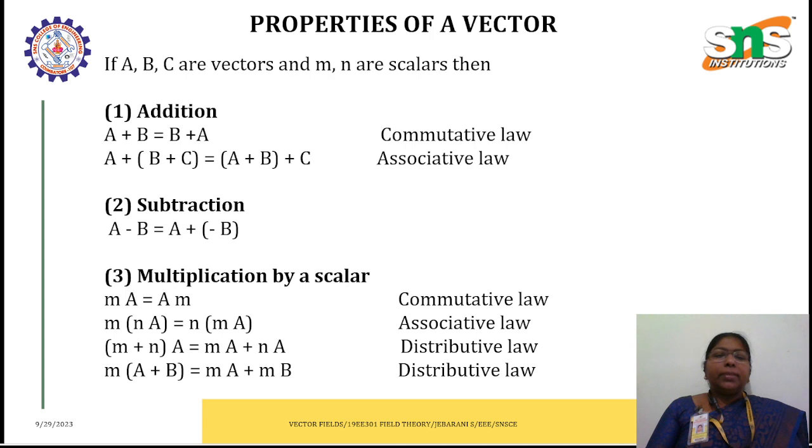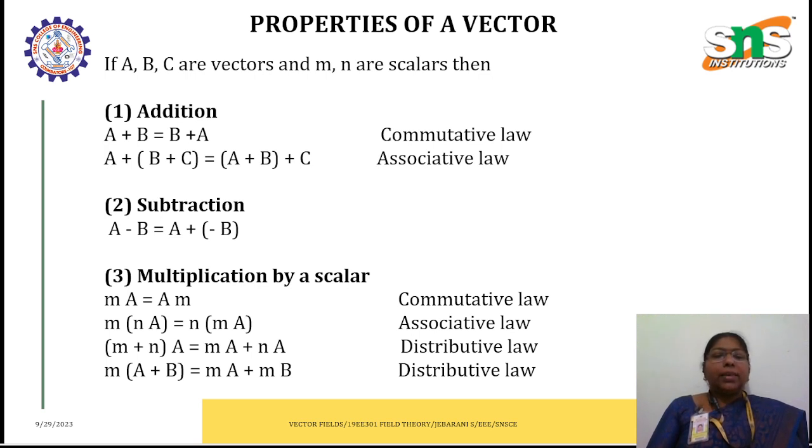Subtraction can be done as an addition only, where we take one vector as a negative vector, a vector with negative magnitude, or a vector with positive magnitude and a direction in the opposite side.